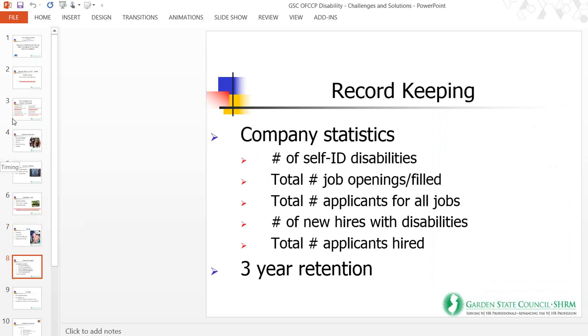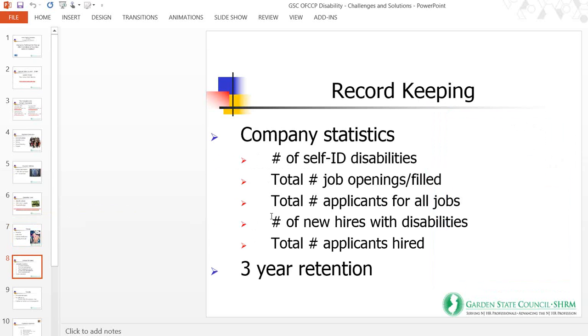And of course, the first thing is the number of people who self-identify that they have a disability. Seems pretty self-explanatory. Now, it's also possible that you're going to need to know, and you would have this anyway, you got to keep the total number of job openings you have, as well as the numbers that you fill, and the total number of applicants for all the jobs.